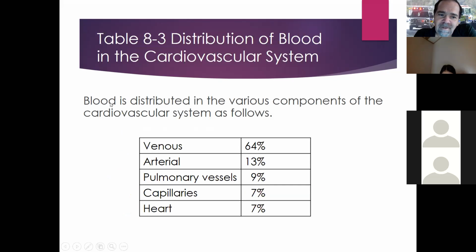Blood is distributed among various components of the cardiovascular system: the veins about 64%, the arterial system about 13%, pulmonary vessels about 9%, capillaries about 7%, and the heart about 7%.